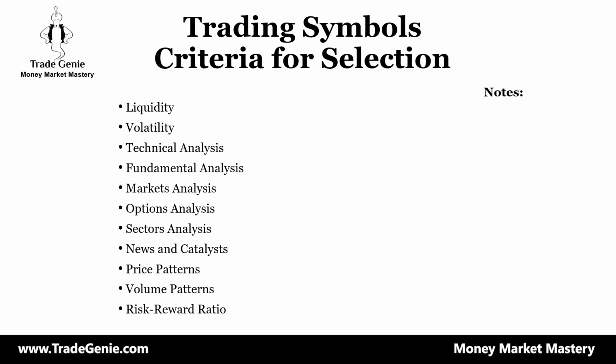It has a proper spread, open interest, and volume, and it's very active, and other traders are involved. Maybe it has a weekly option and a standard option, but not a non-standard option. The strikes are narrow, so I can focus on those kinds of trades instead of something crazy. Then sector analysis, news and catalyst: those symbols which are always in the news, where there's a catalyst going on.